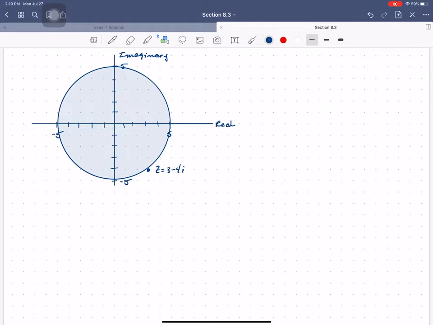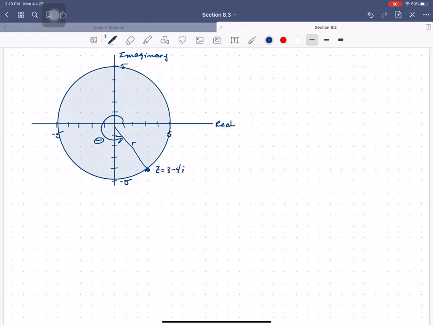Pretend that that's the right diameter. And if we do that, then we can talk about the location of this point in polar form, right? Because I've got a radius and I've got a theta.